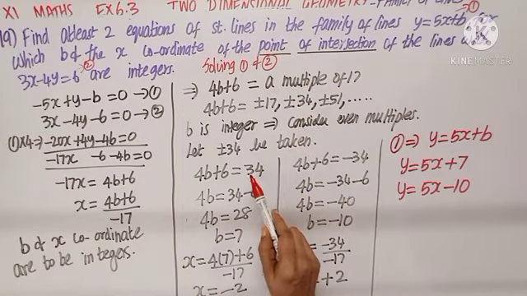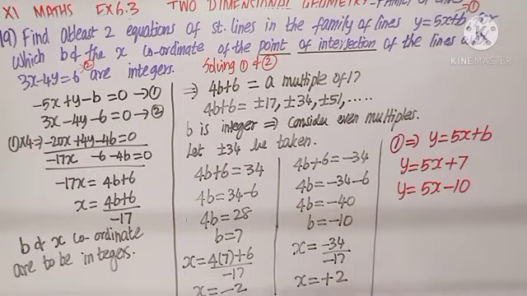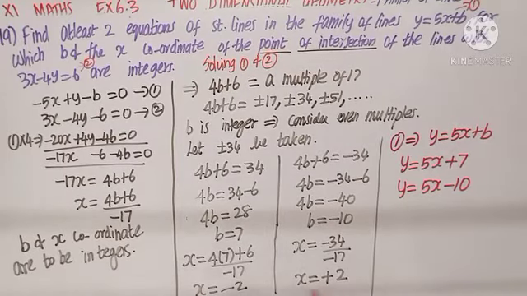As I consider 34 and minus 34, I arrive at b value 7 and minus 10, in which case x is also minus 2 and plus 2, which are integers.